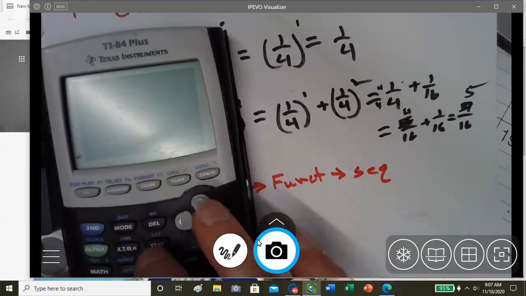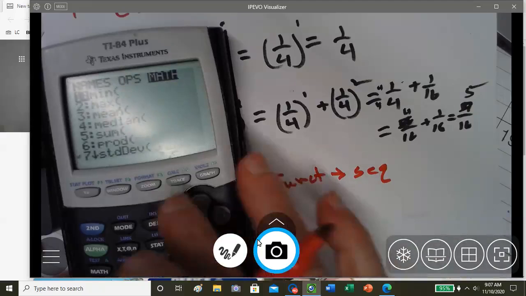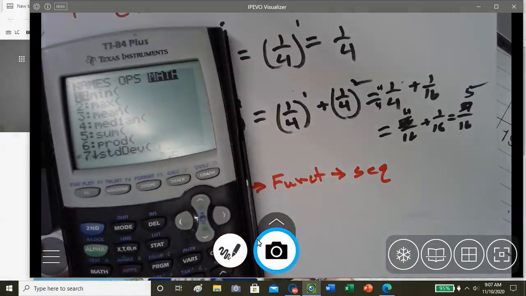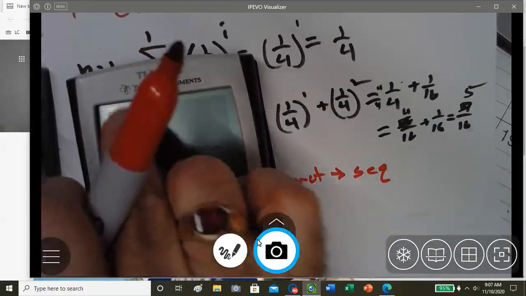Okay, so then we quit there, and now we want to put in sum. So we go to second and list and cursor over to math, and we want to select 5, which is sum. So now we get sum on here.